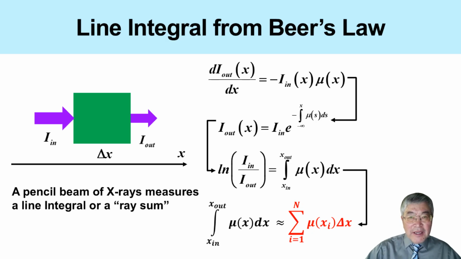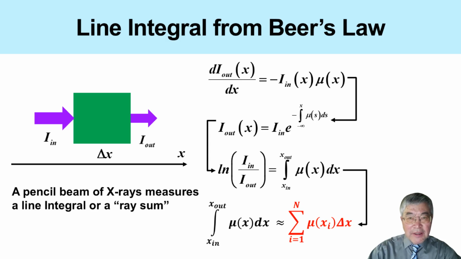Now, when we digitize the image, we divide the object into many small pixels. As a result, we assume that each pixel has an approximately constant attenuation coefficient. Then the continuous line integral becomes a finite sum over the pixels crossed by the X-ray beam. This finite sum is what we call a ray sum.